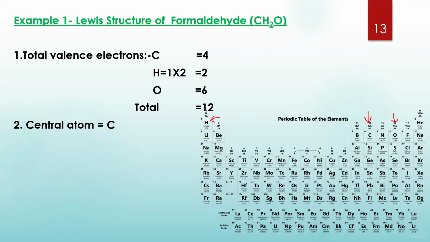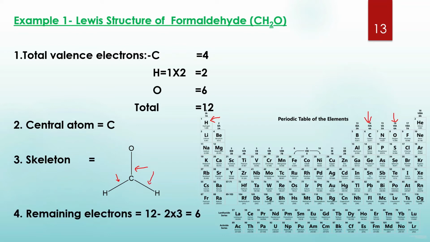Now the central atom. Carbon is usually a central atom. Hydrogen can never be a central atom, and oxygen is electronegative, so it must be carbon. Now you draw the skeleton. So this is the skeleton: carbon, and you draw single bonds between carbon and all the other atoms.